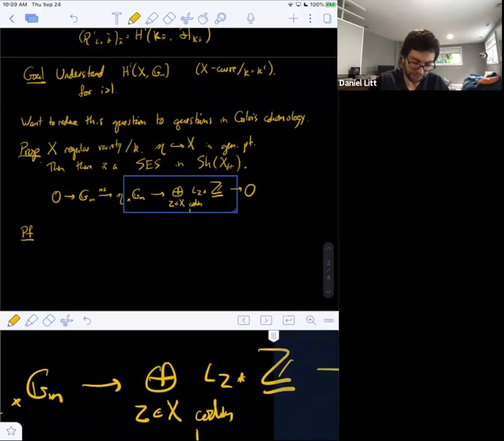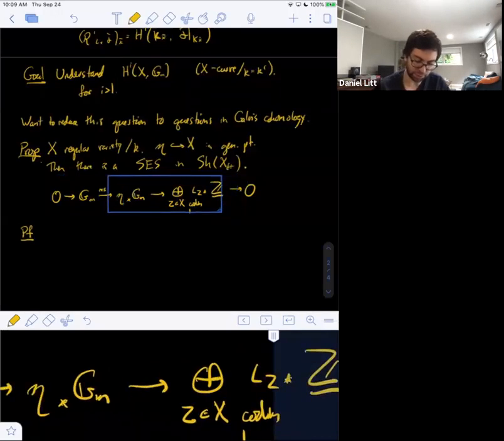Okay, and then this map is the one that sends, well, what is a section of eta lower star G_m? On an étale open of X, so an étale morphism U to X, this is just a bunch of rational functions, a rational function on each component, and you can take the divisor of that rational function. That will give you a number for each codimension 1 point, namely the order of vanishing of your rational function at that point.